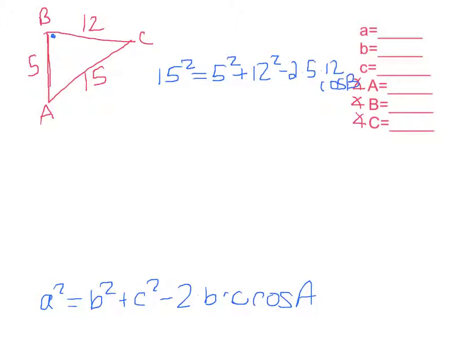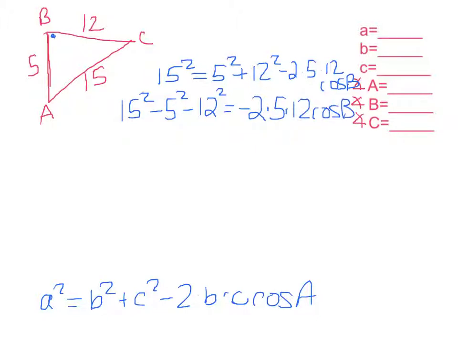Now we have to go ahead and solve this. So what we need to do is subtract these guys. We're going to get 15 squared minus 5 squared minus 12 squared, and that's going to equal negative 2 times 5 times 12 times the cosine of B.